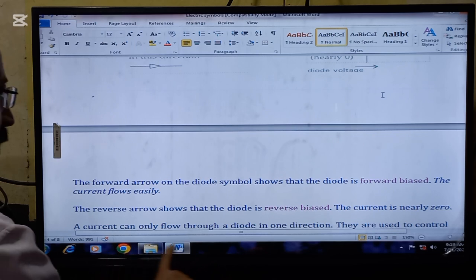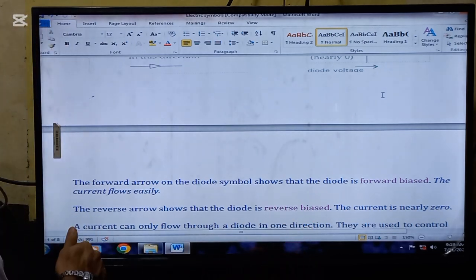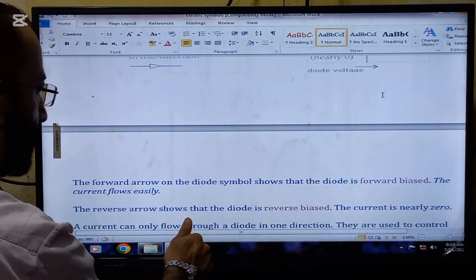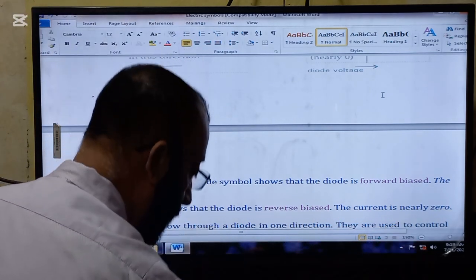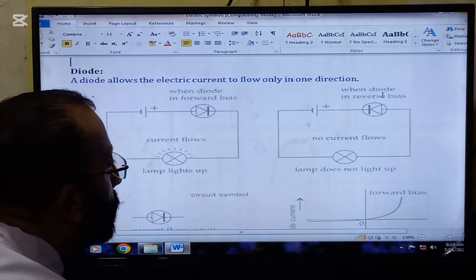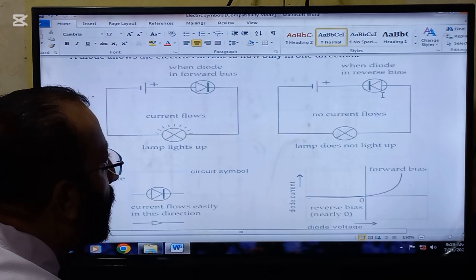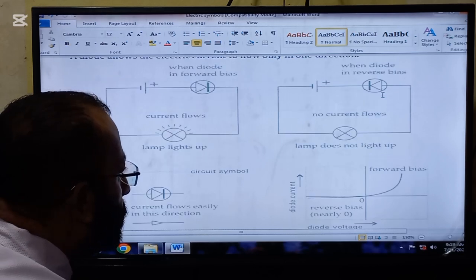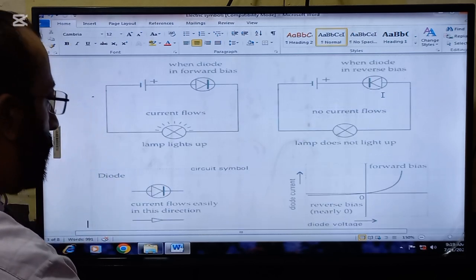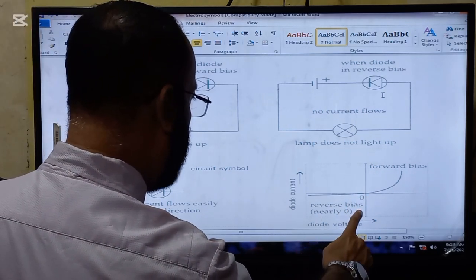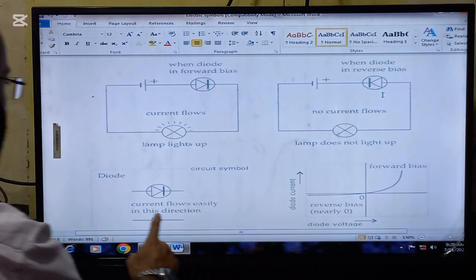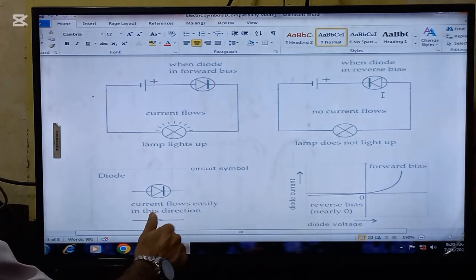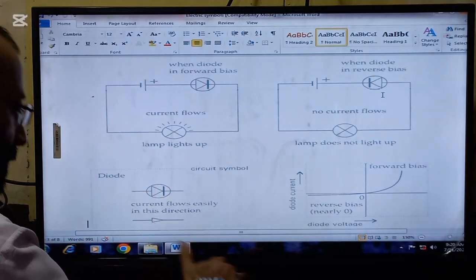But when the diode is reverse biased, the reverse arrow shows this, and the current is nearly zero. So you can see from here, this is reverse bias, so nearly zero is the current, whereas this is forward bias, so current can easily flow.